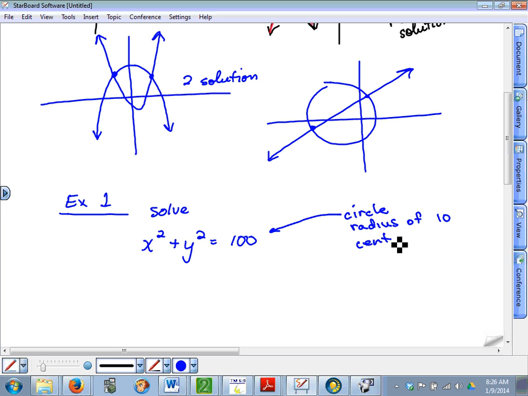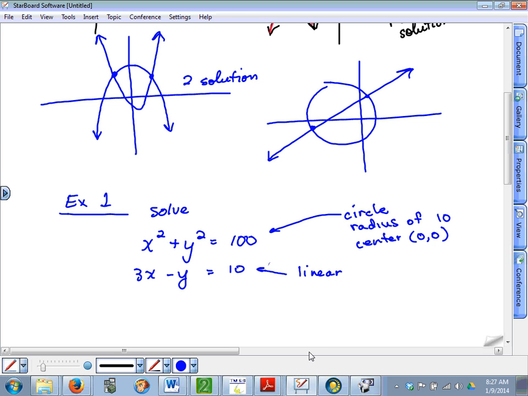And the center, I can't believe you guys don't remember this from geometry, the center is 0, 0. Anyway, 3x minus y is equal to 10. That's a linear equation.